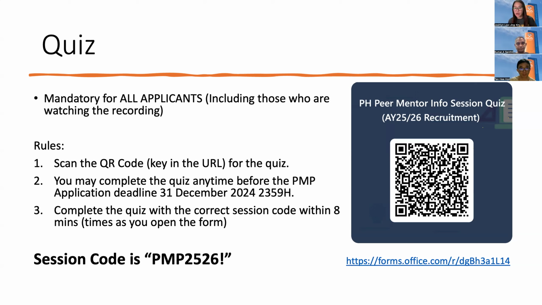If you open the quiz now, it will prompt you to press a start button. If you press the start button, the 8 minutes will automatically count down for you. So if you are in an environment where you are not able to do the quiz in 8 minutes, when you're rushing and can't read properly, then I would suggest you don't do it at that time and prioritize it at a later date before the PMP application deadline.